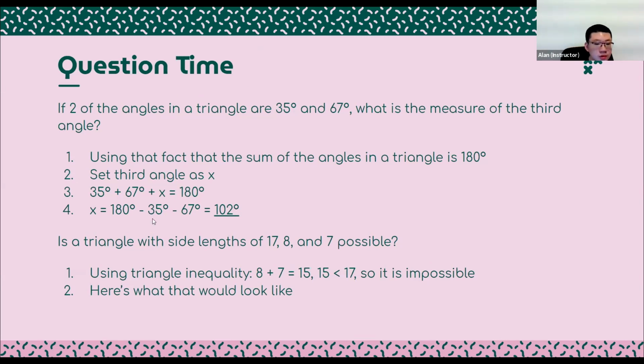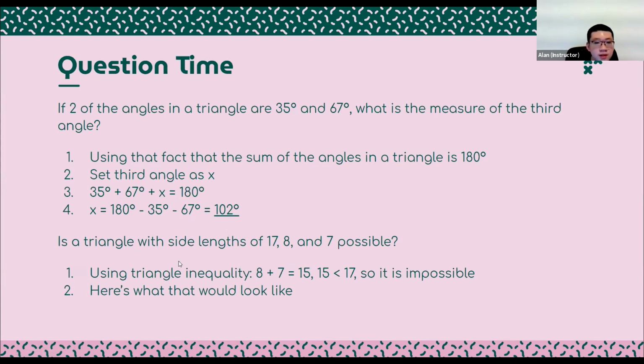If you subtract 35 and 67 from 180, you get 102 degrees, which is going to be the answer. Wait, I think that's actually not the right answer. I think the TA and I messed up when creating these slides, because if you actually subtract that, you get 78 degrees, which should be the correct answer.